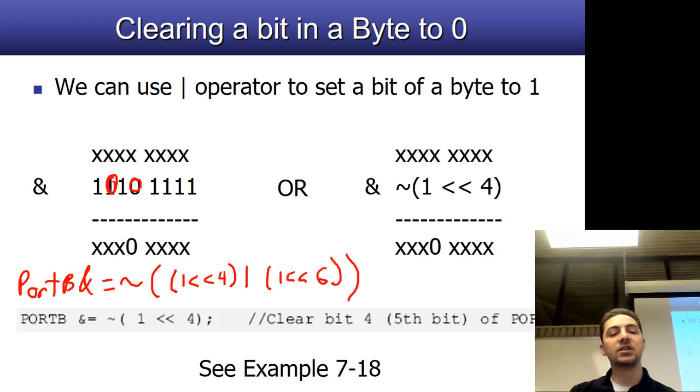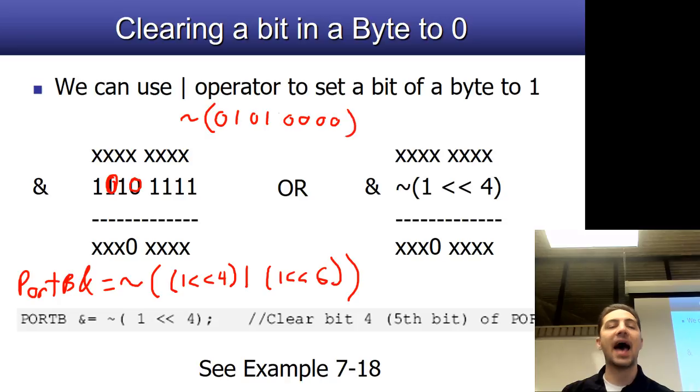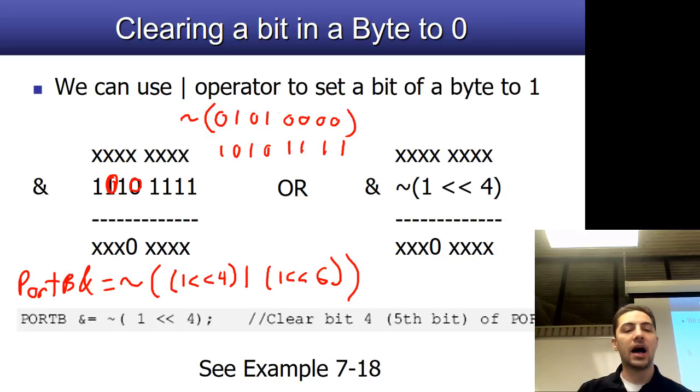So that together, just inside the parentheses, sets up the following. 0, 1, 0, 1, 0, 0, 0, 0. When I then apply the tilde operator to that, I get 1, 0, 1, 0, 1, 1, 1, 1. When I then AND that mask with my operand, I get a 0 in these two locations.